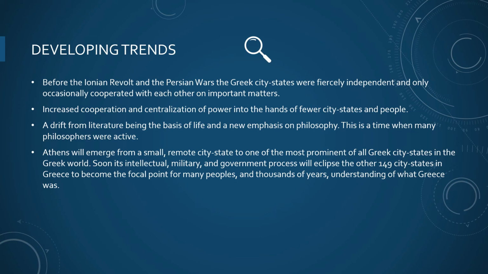Yet Athens, being one of them, will continue to emerge and actually, as it says here, so soon its intellectual, military, and government processes will eclipse the other 149 city-states in Greece to become the focal point for many peoples and thousands of years understanding of what Greece was.